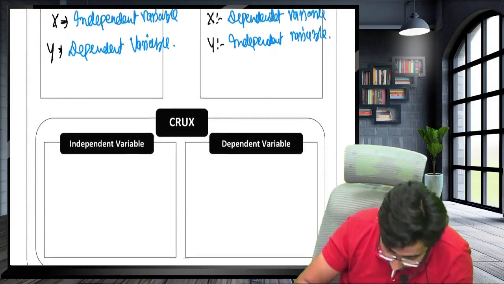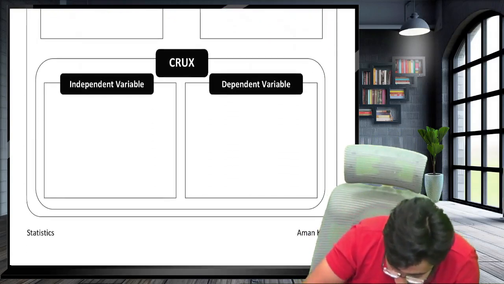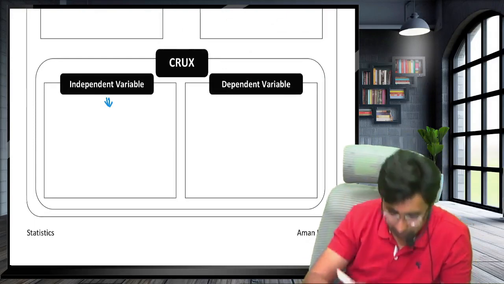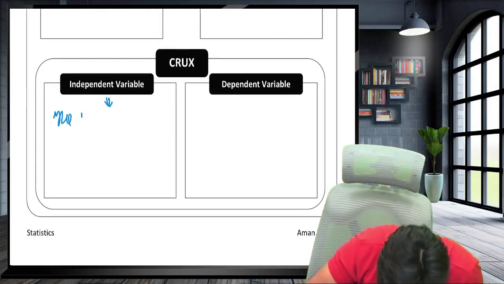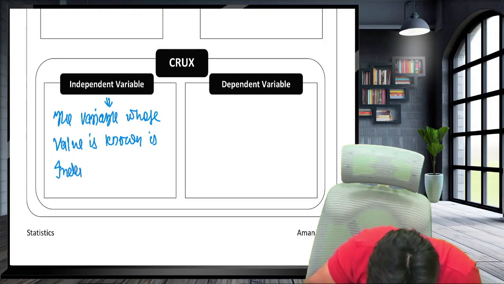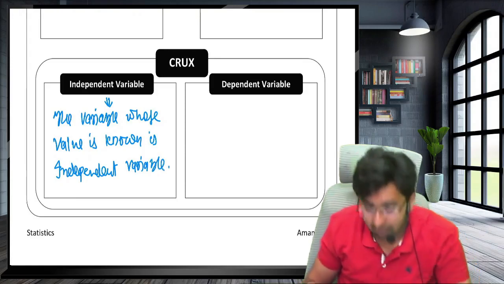Guys, now let's make the writing part. Sir, can you tell me what is the crux? Yes, independent means the variable whose value is known is the independent variable. And what is dependent?